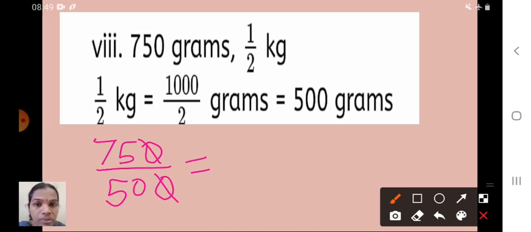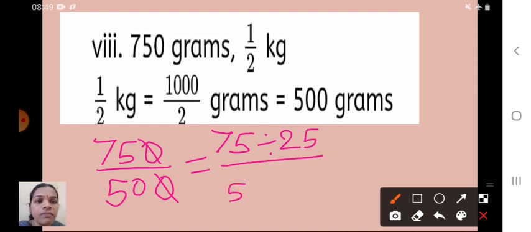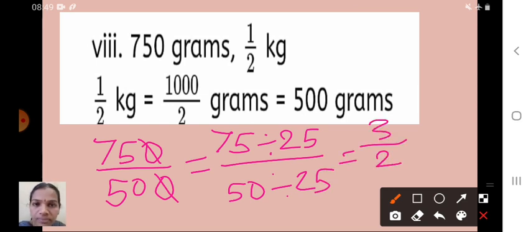So the highest common factor is 25. So we divide 75 upon 50 by 25. What will come? 3 upon 2. This is your answer. I hope you understood this one.